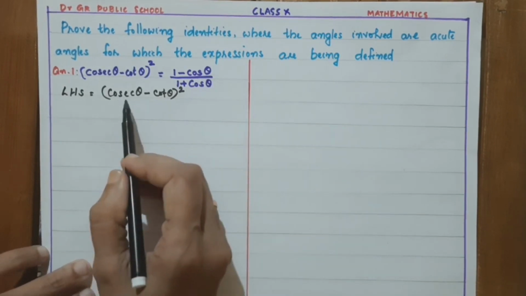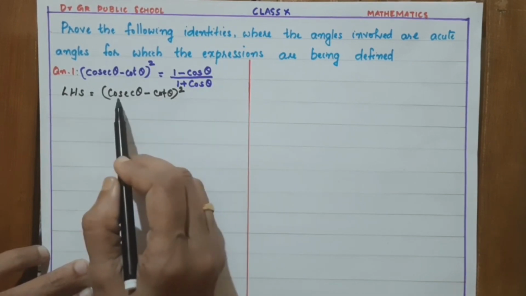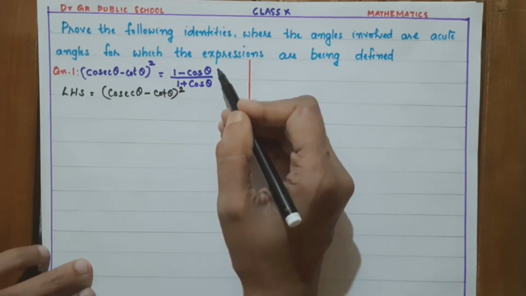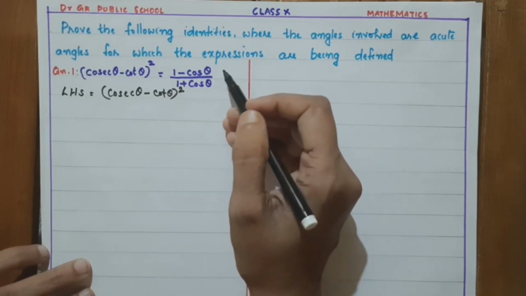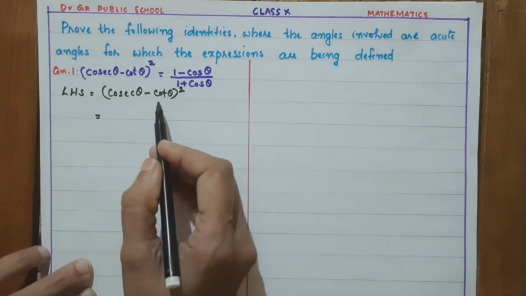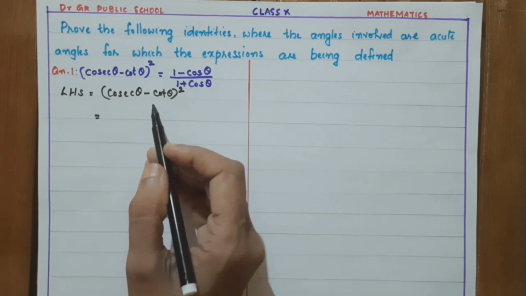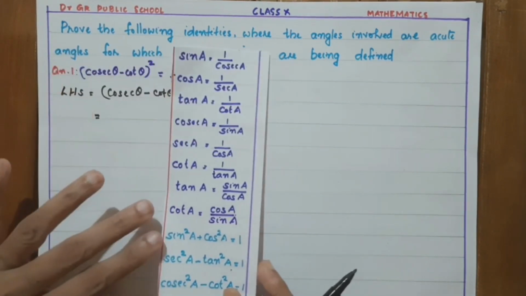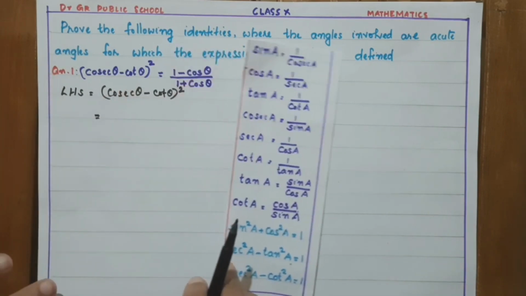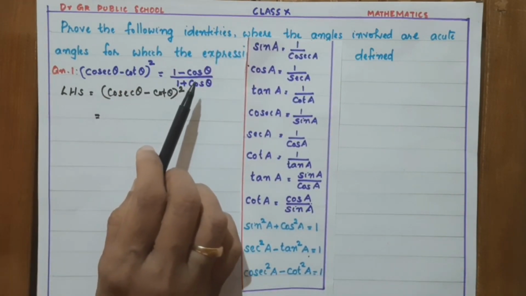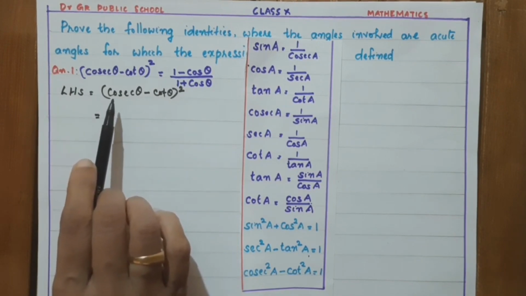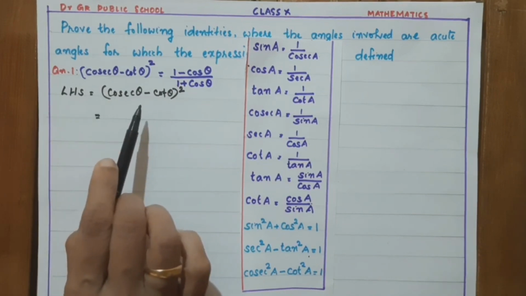So try to change the ratios in the LHS to involve cos theta, or sin theta. So here cosec theta, how can we write cosec theta? See, we have some relationship like this. If the RHS is in cos theta or in sin theta, we have to change the LHS also to sin theta, cos theta ratios.